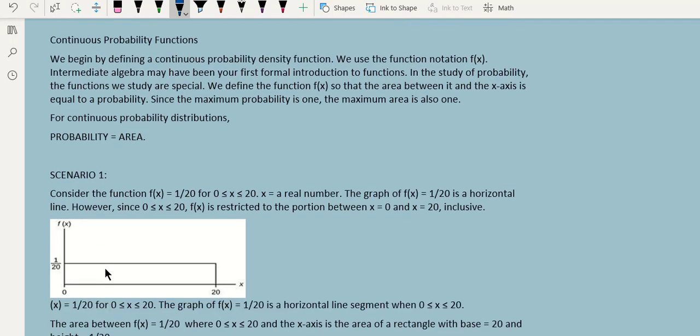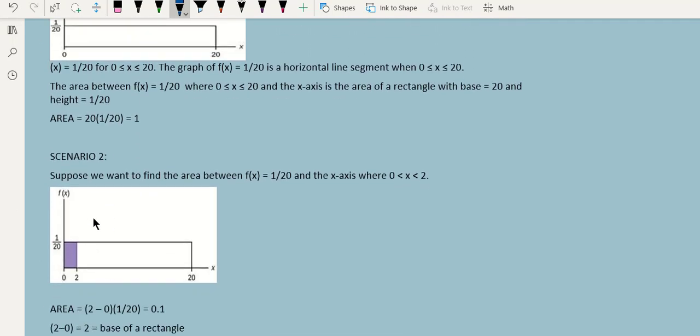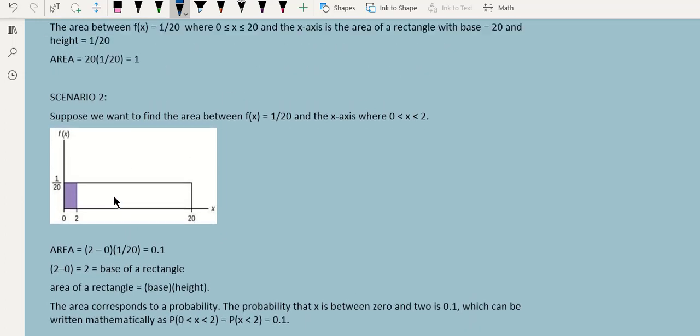Now, I'm not going to go through all of these scenarios because you should be able to read some of your notes, but let's look at scenario number 2 before I do an example. Suppose that we want to find the area between 0 and 2. Here I have it shaded, and I want to find the area of this. So what I would do is figure out how much space is between 0 and 2, because an area is base times height for a rectangle.